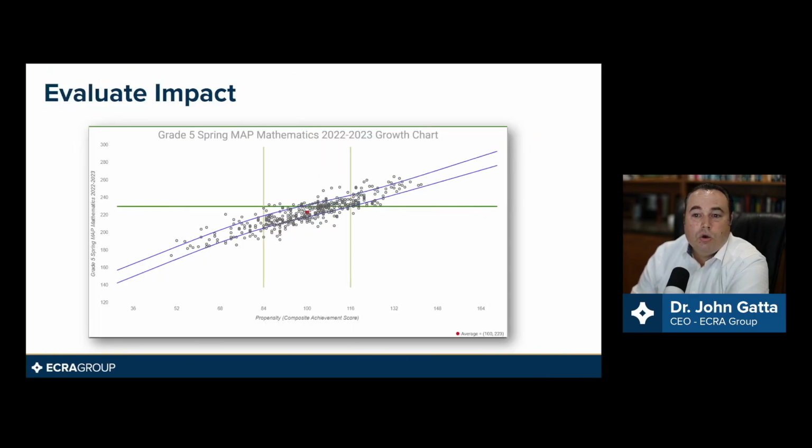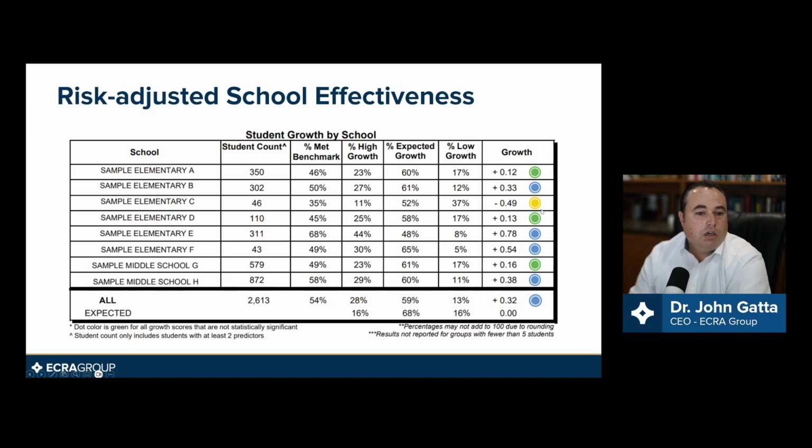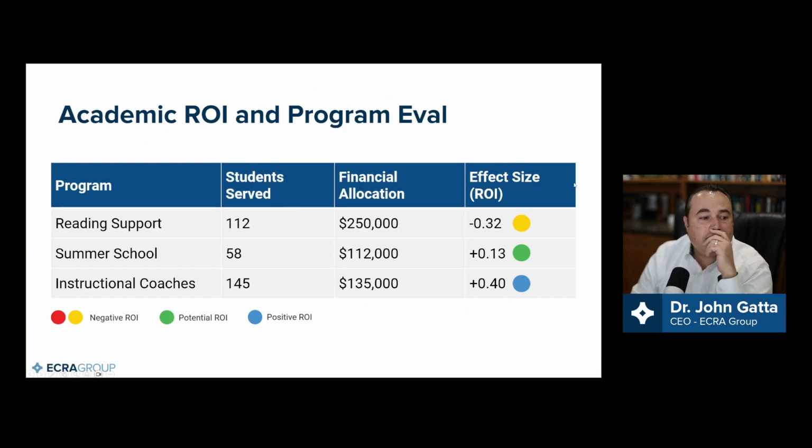And so when you repeat that over and over again, you can then run reports that look at, is there any systematic over or underperformance by building? Is there any systematic under or over performance by program? And so this concept of academic return on investment plays right into a framework like this, because you can actually look at which programs are moving the needle and which ones aren't.